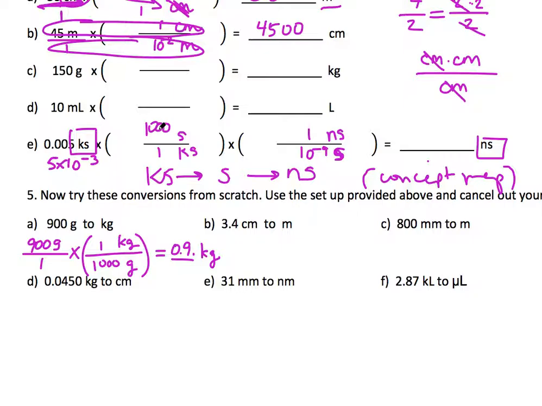That's just 5, so those numbers cancel out. Then I want to divide that by 10 to the minus 9, which is the same as multiplying it by its inverse. So 5 divided by 10 to the minus 9 is the same as 5 times 10 to the 9. There we go. Or use your calculator if you want to, but hopefully you wouldn't have to if you know your exponents really well.